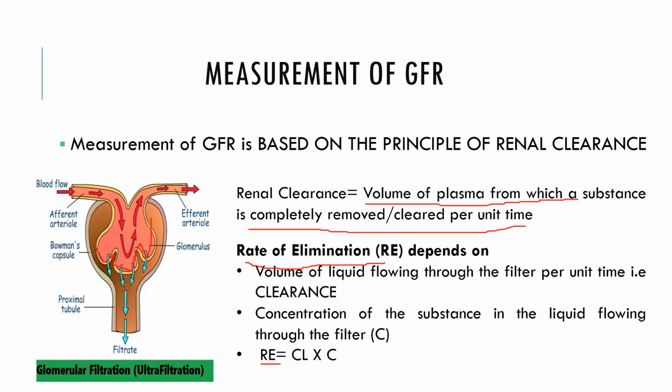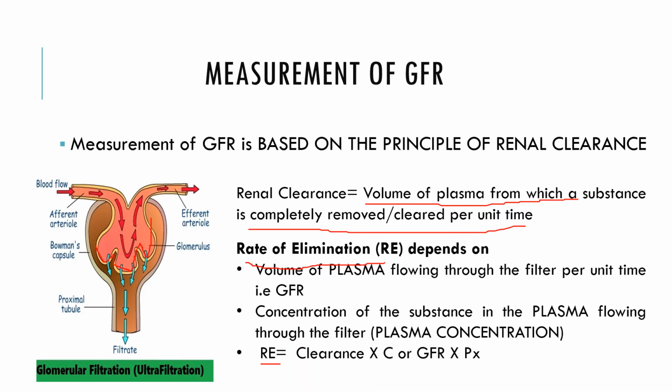So we can replace this equation now. The rate of elimination now depends on, instead of the fluid, the volume of plasma flowing through the filter per unit time. So it is equal to GFR, we can call it.